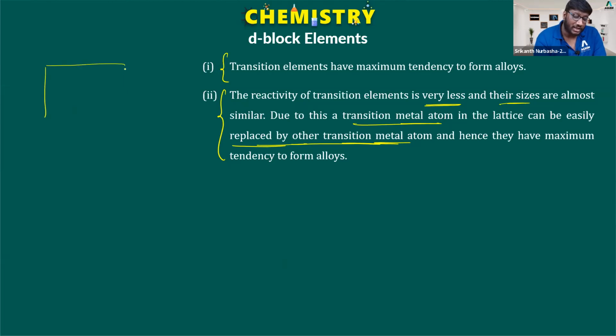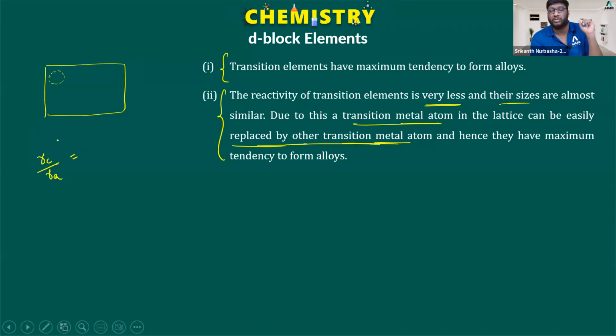If you look at solid state, at ionic solids and metallic solids, in the ionic solids what do you have? You will have the cation or the anion forming the lattice. The other ions are at the void positions. If you look at an ionic solid, there comes the radius ratio, radius of cation by radius of anion. Based on the radius ratio only, we can say what type of crystal is possible or not.